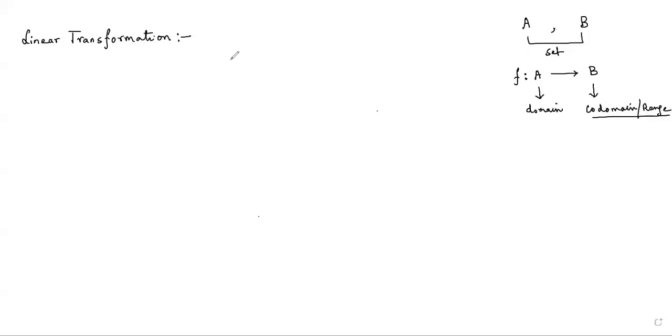In my earlier classes, I discussed vector spaces. We started with this notion of vector space, which is an algebraic structure. Now suppose we have two vector spaces, V and W. V is a vector space, which I'm abbreviating as VS, and W is also a vector space.